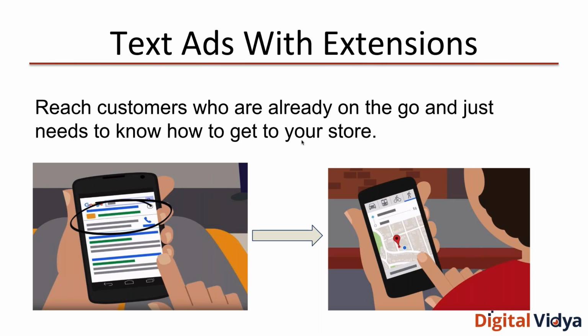Have you noticed that? Let's say we are driving to some place and you're looking up a restaurant. You see ads and you see a Google map link just beneath the ad, a location extension, right? The moment you click on the location extension, it opens up Google Maps and shows you the navigation and directions, how far you are from that place and all these things. So especially when you use text ads for mobile devices, ad extensions are extremely useful and extremely user friendly.